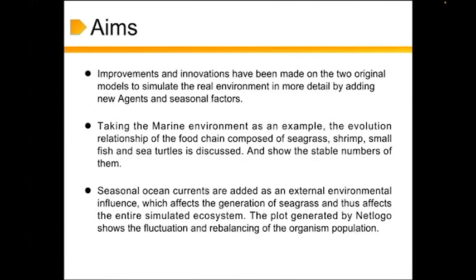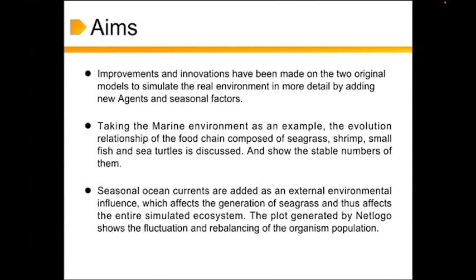Then we take the marine environment as an example, where the evolving relationships of a food chain composed of seagrass, shrimp, small fish, and sea turtles are discussed, and we want to show their stable numbers.